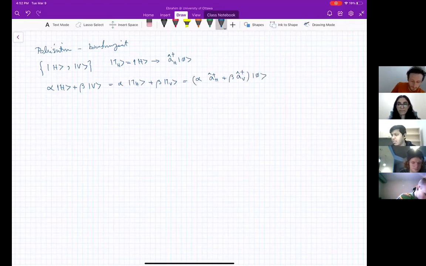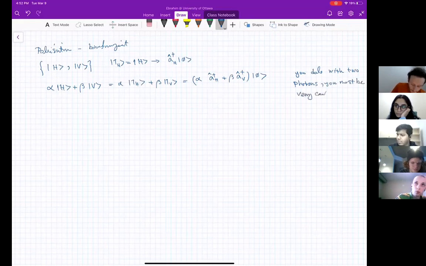Remember, when you deal with two photons, you must be very careful, because these sorts of notations can be extremely confusing.